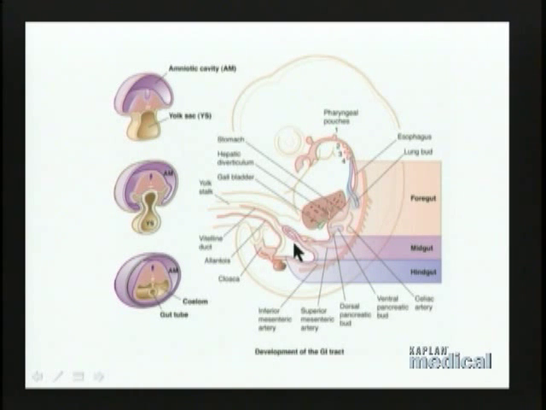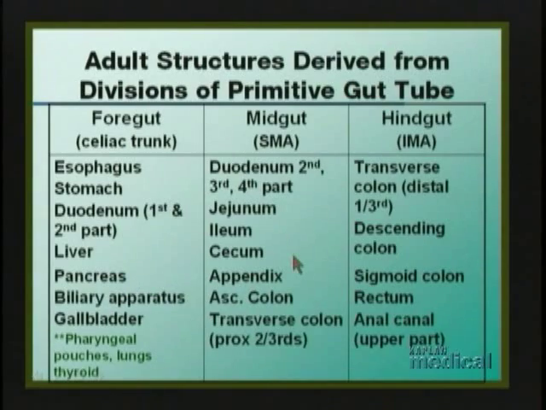And then we divide the gut tube up into regions that will give rise to a variety of organs that are related to the adult GI tract. So if we look at this chart from your notes, we can see the adult organs divided up into three columns: foregut, midgut, and hindgut.